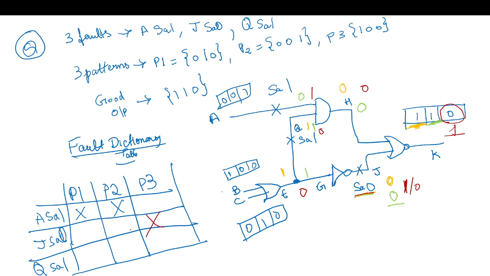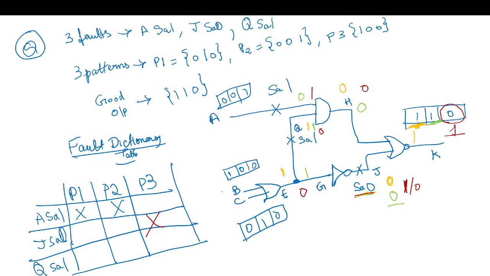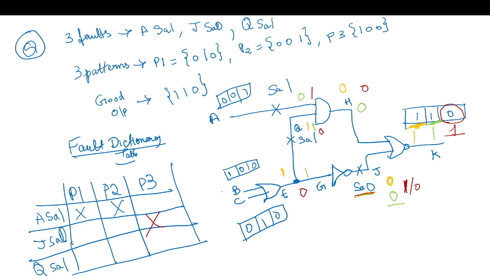So you can detect this part. This was 1 and this was also 1. So now the third one. So this is J stuck at 0. So P1 and P2 were detecting A stuck at 1. P3 was detecting J stuck at 0.